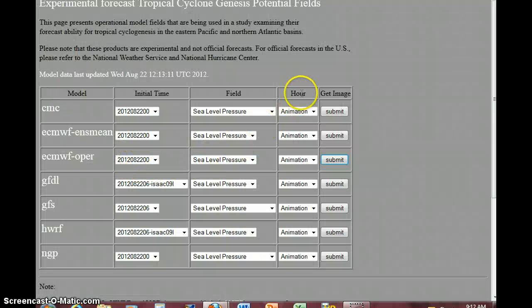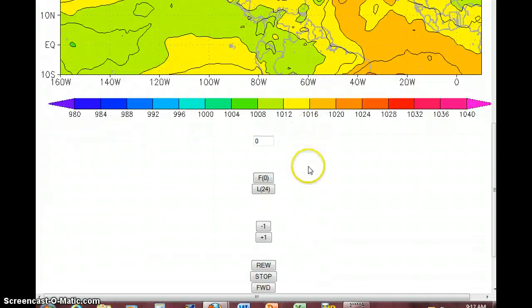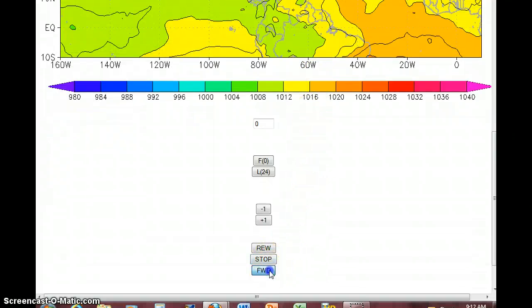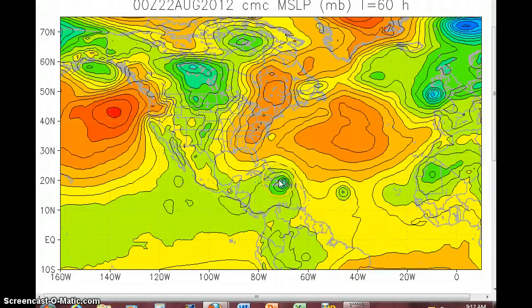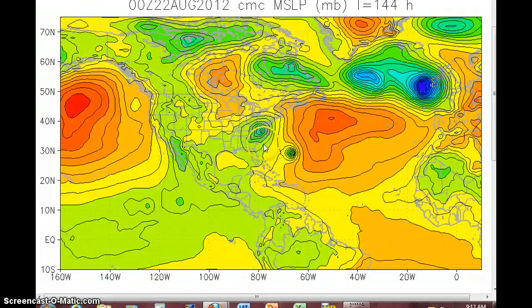This is experimental forecast tropical cyclone genesis potential fields, and let's take a look at the models one by one. This is the Canadian model, and the Canadian model initiates right here. This model would be the one that's a little bit further to the right, a little too far to the right, I think.